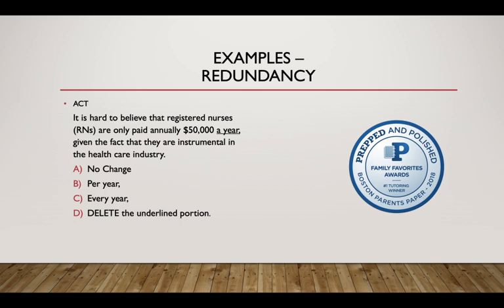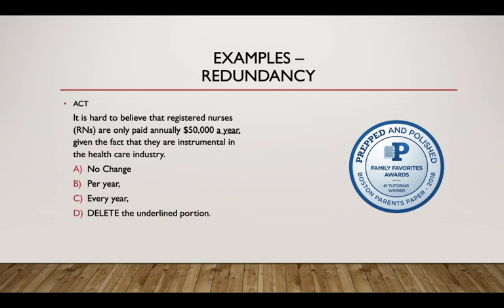All right, let's look at redundancy. So, it is hard to believe that registered nurses, or also known as RNs, are only paid annually $50,000 a year, given the fact that they are instrumental in the healthcare industry. Now, if I look at the underlined portion, only a year, B, per year, C, every year.